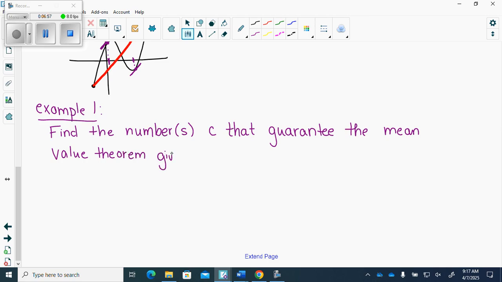Given f of x equals x cubed minus 3x plus 5, where negative 1 is less than or equal to x is less than or equal to 1.